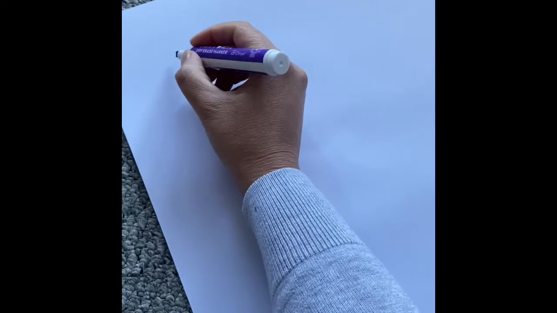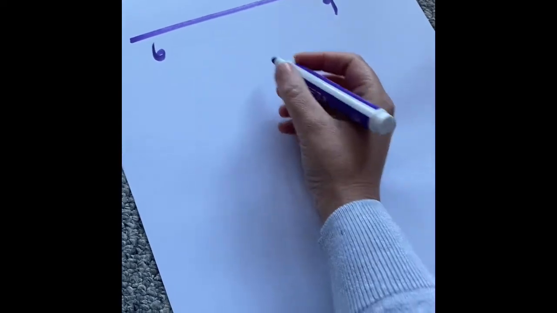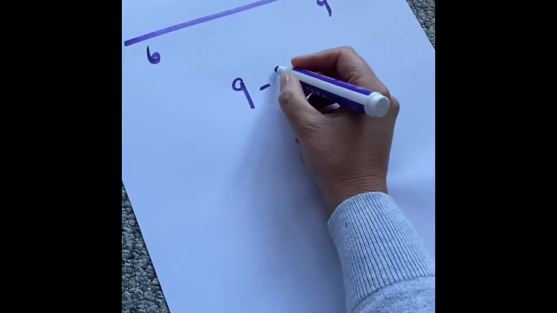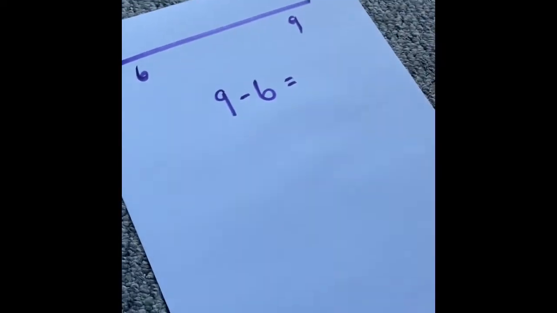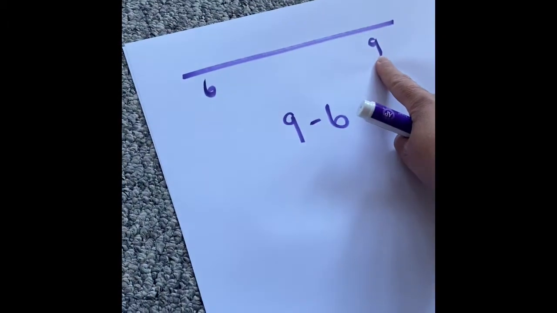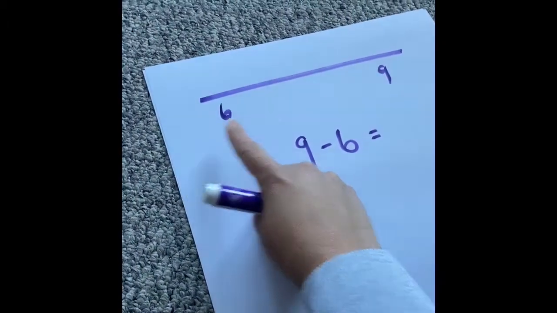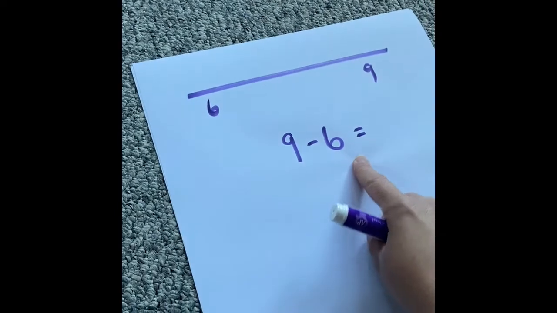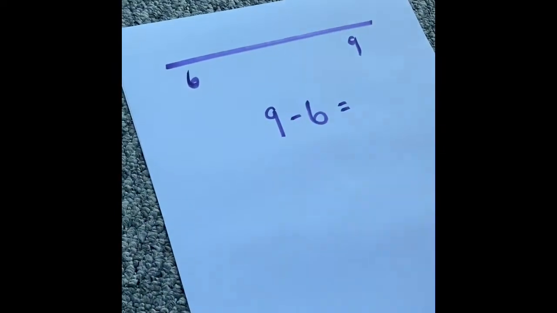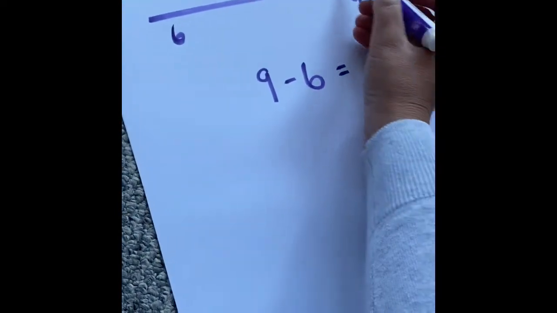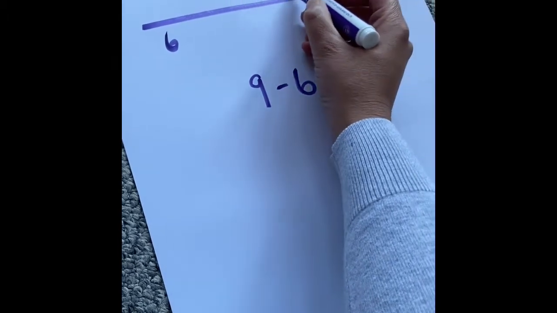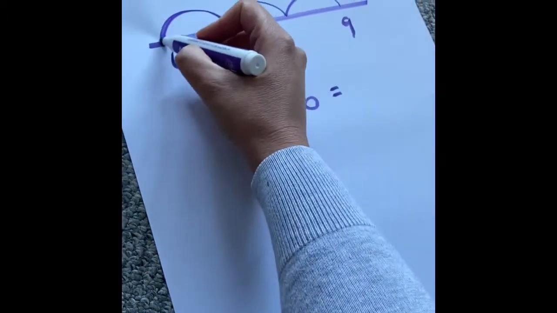So if I did it with whole numbers, for example, my number sentence would be something like this. 9 and 6. So 9 subtract 6. I'm finding the difference in between here, and a number line works really quite well with this. So I would go 9, 8, 7, 6.